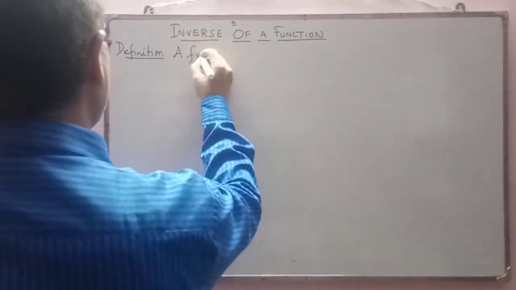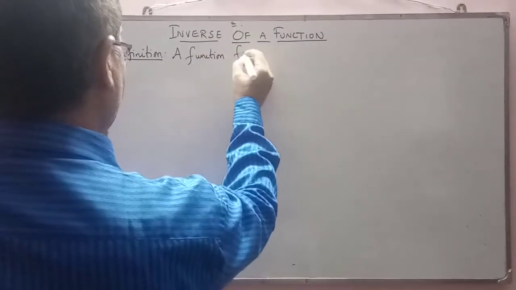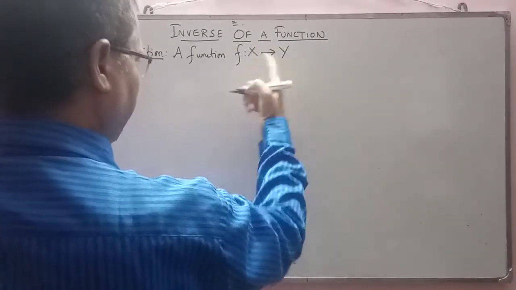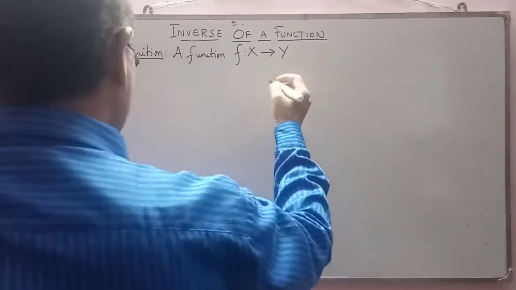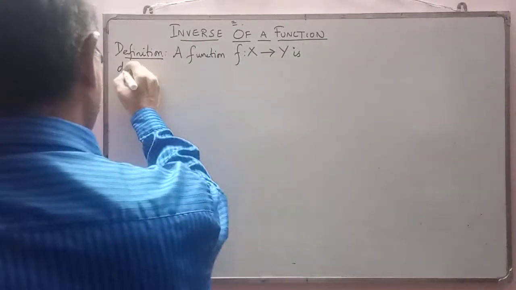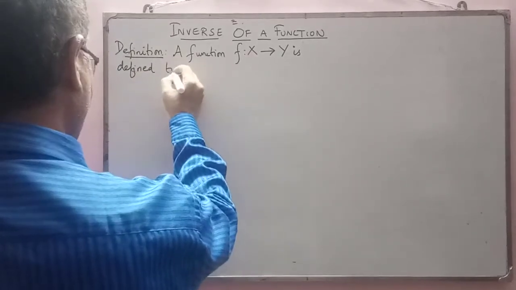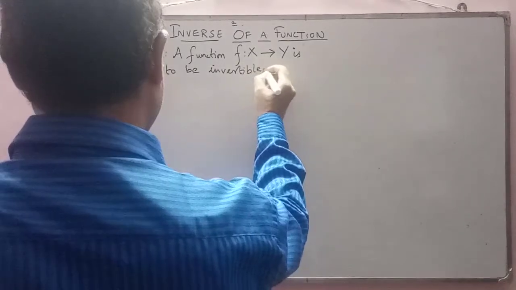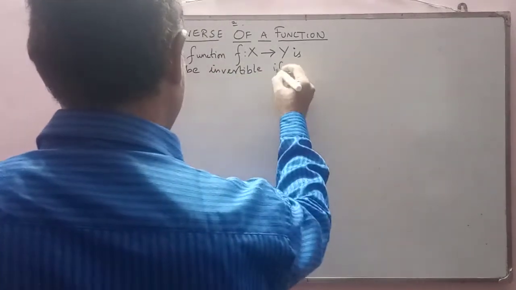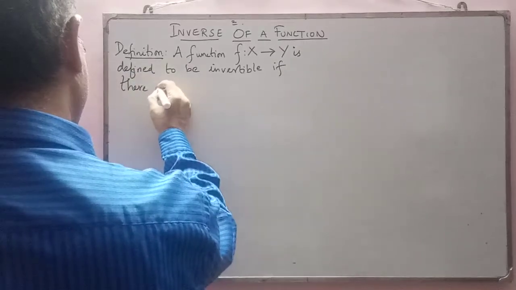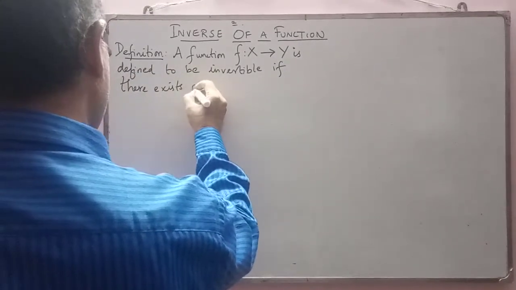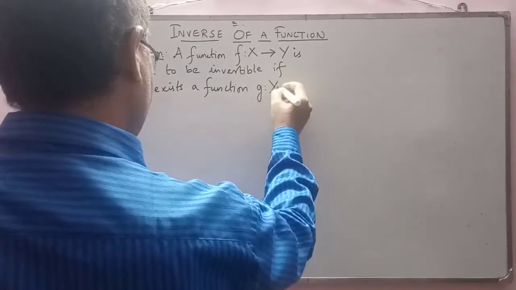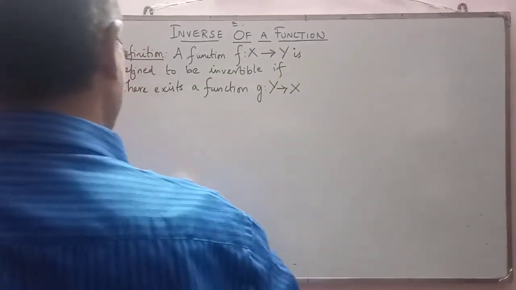Now, a function f: X to Y, X is the domain, Y is the codomain, is defined to be invertible if there exists a function g: Y to X, codomain to domain.